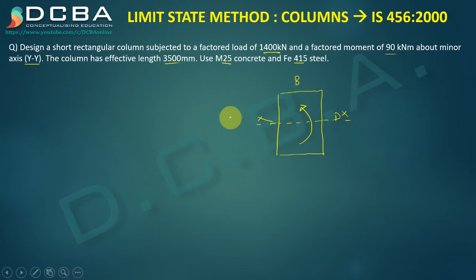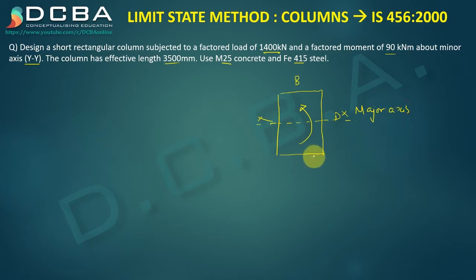So about whatever axis we say a moment is acting, you should always use your right hand thumb or left hand thumb, whatever, right? And this is called the major axis.